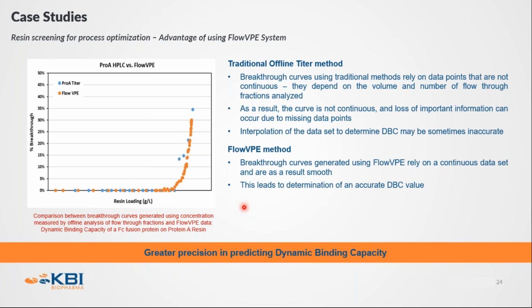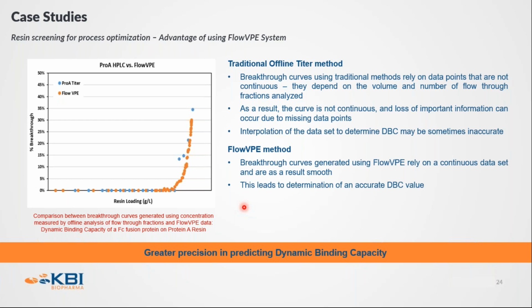We have one other question here. What if we used A300 instead of 280 and a small path length like 1 millimeter, then correlate the protein concentration between 280 and 300 for pure protein? So I think when we are talking about the Flow VPE, the application is more for an impure stream, like clarified harvest.